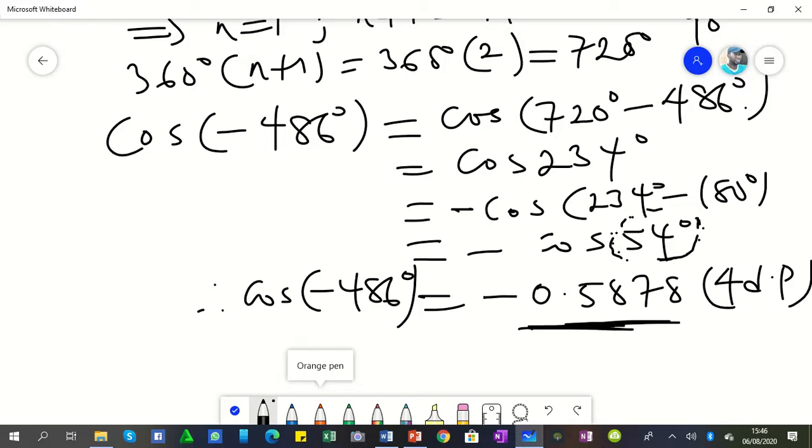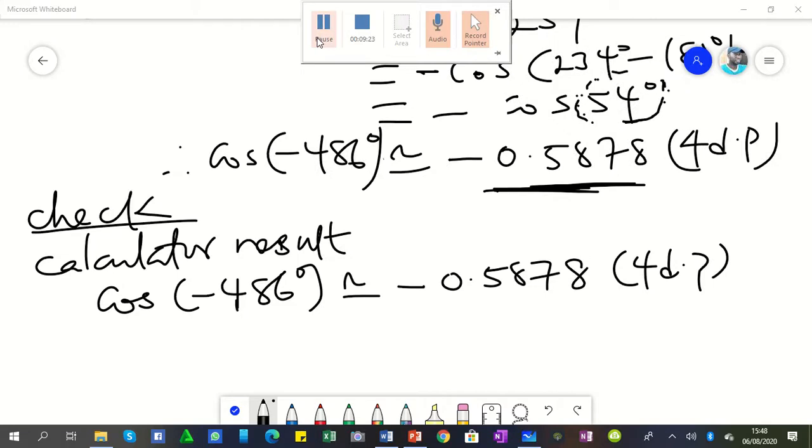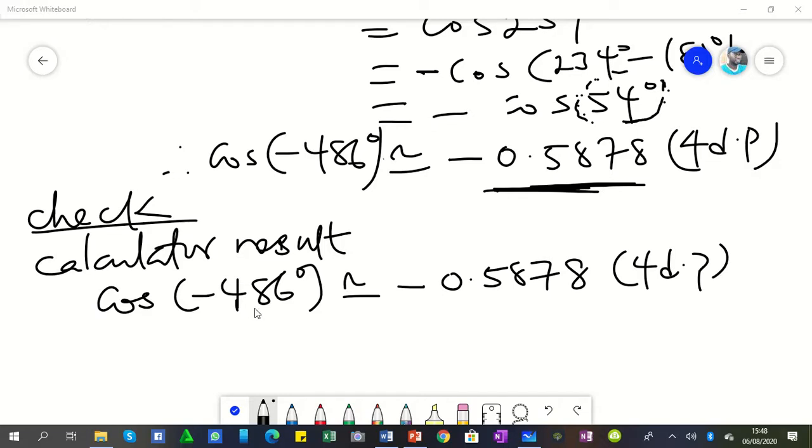So the next thing now, which is the final thing for the first question, is to make use of our calculator and see if we have the exact same value as minus cos 54. Checking this result on our calculators, we should find that the values are actually equal, the same result.